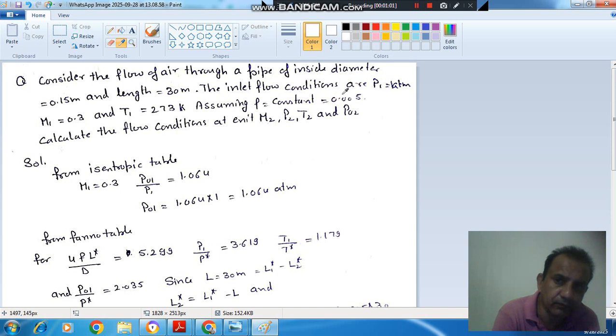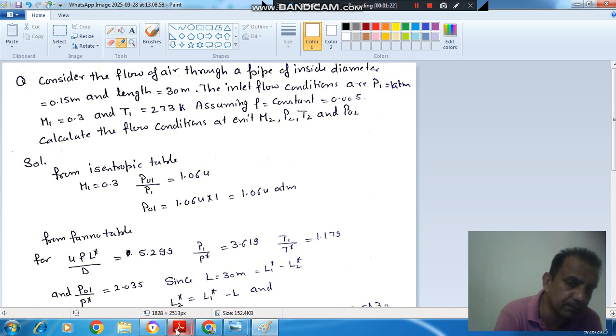So here we can see that the static pressure, 1 atmosphere, is given, Mach number is given, temperature is given, but stagnation pressure is not given. So from Mach number 0.3, from the isentropic table or by using the formula, we can find the stagnation pressure ratio, that is P01 by P1.